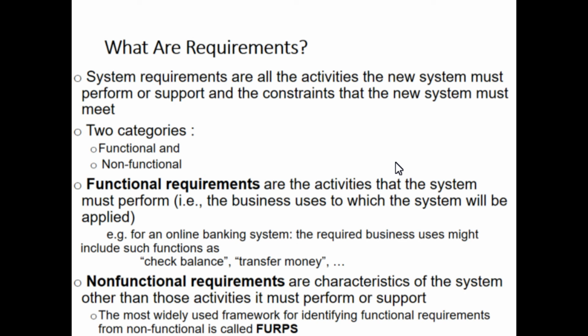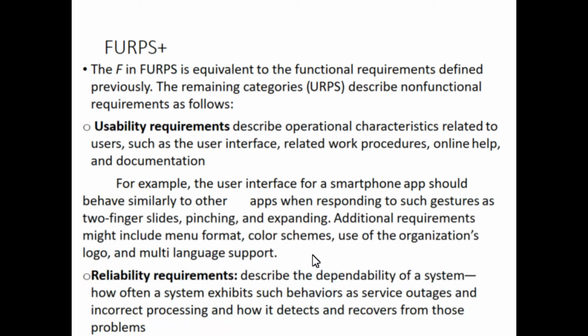The F stands for the functional requirement, the U for the usability requirement, the R for reliability, P for performance, and S for security requirements. It is an acronym to better remind us of the non-functional requirements.